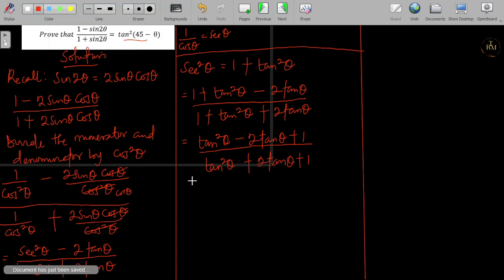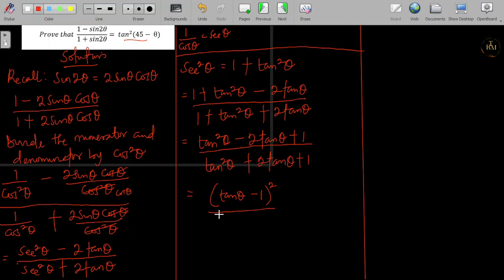Now, for further simplification, I can see from the top that if I were to factorize tan squared theta minus 2 tan theta plus 1, I'm going to get tan theta minus 1 all squared, and divided by the same thing with the bottom.